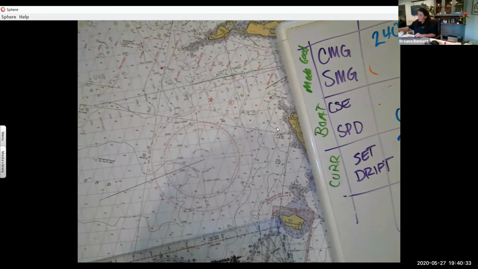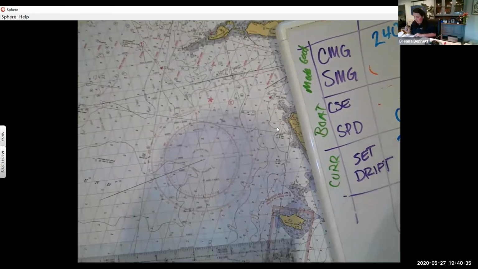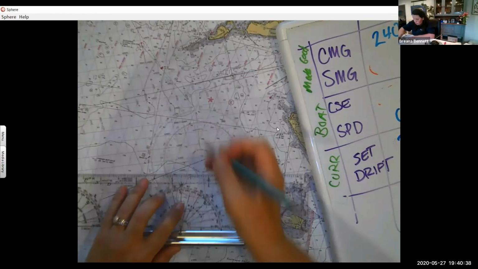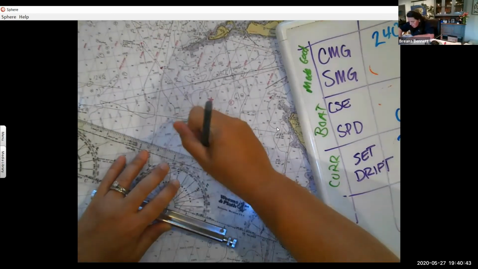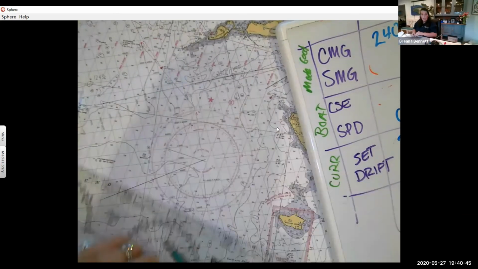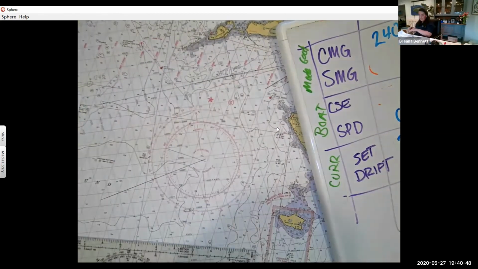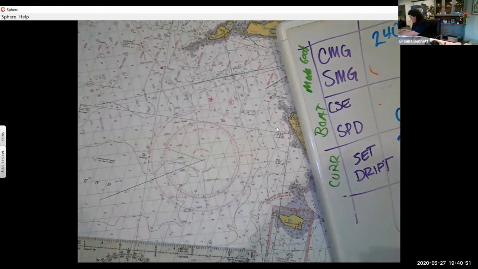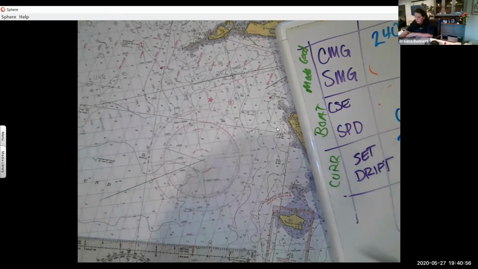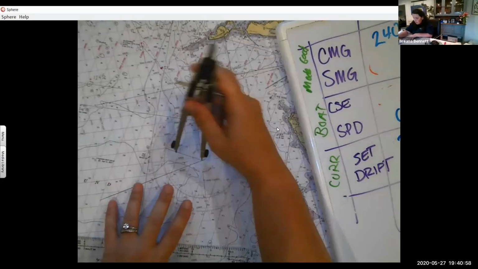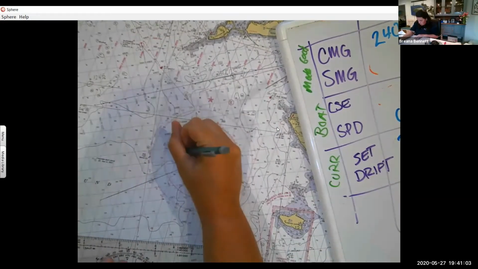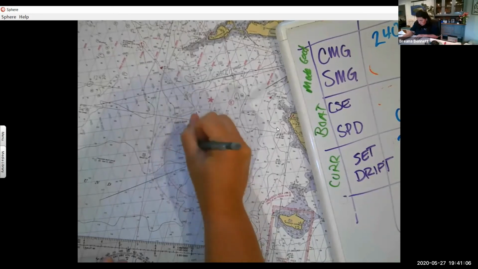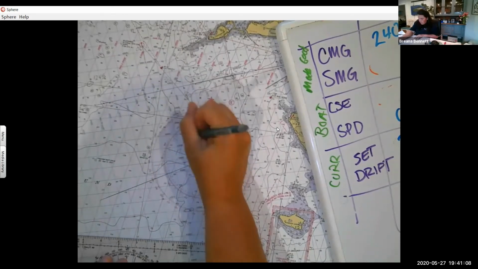And then I have a set of 280 at 1.5. So 280 at 1.5. I'm just going to use the miles on my chart. So that's 1.5 nautical miles. This is my current line.